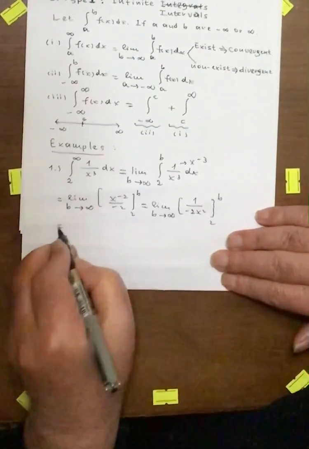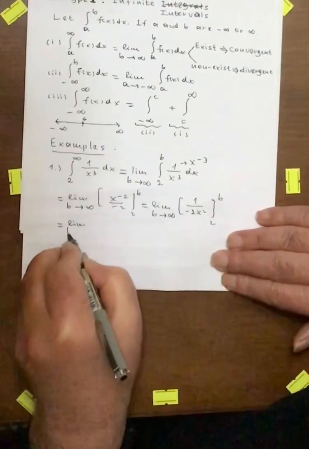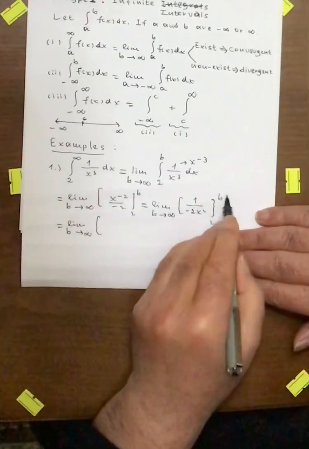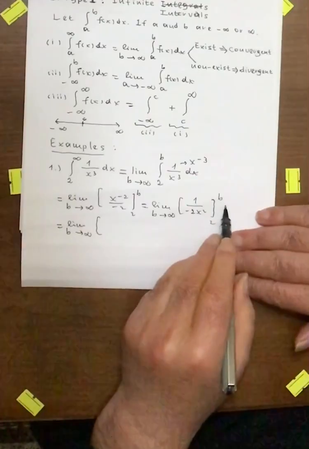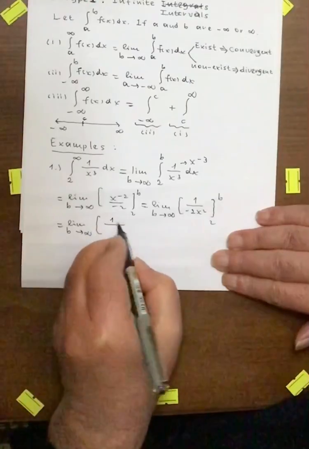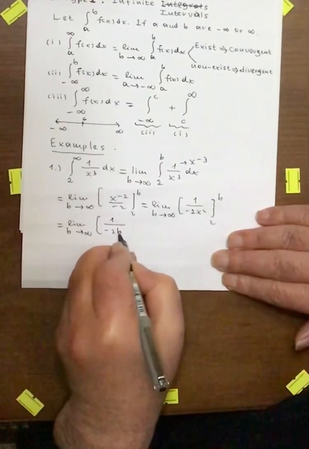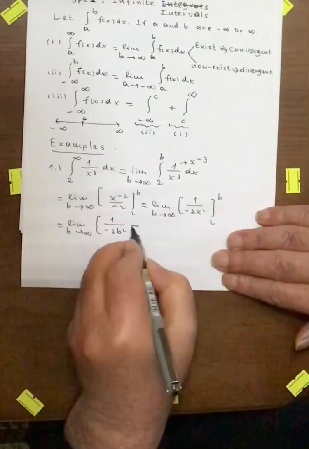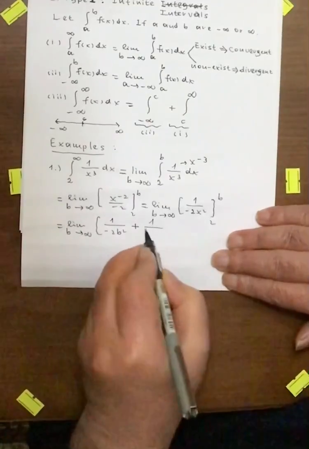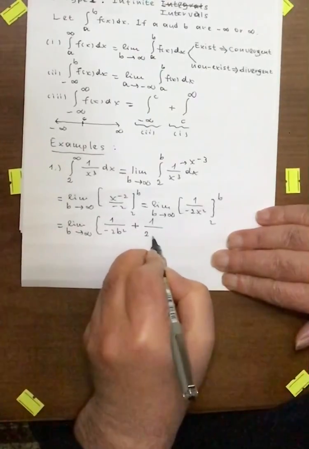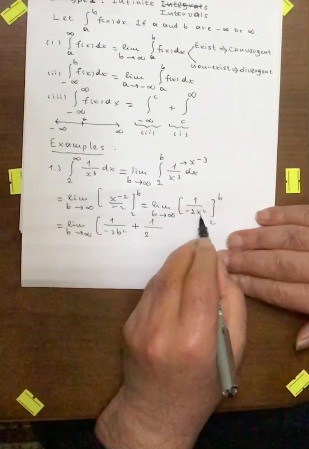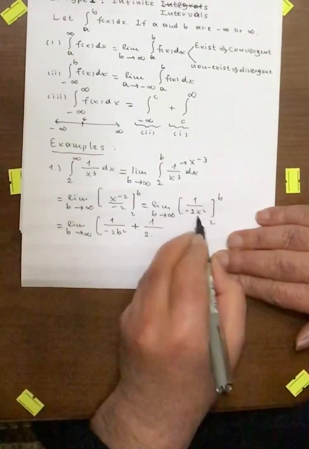Okay, let's write last time limit b approaches infinity. First, let's put the upper limit in this term: 1 over minus 2 b square minus, we have another minus, plus 1 over 2 times, if you put 2 in as x square, 2 square is 4.